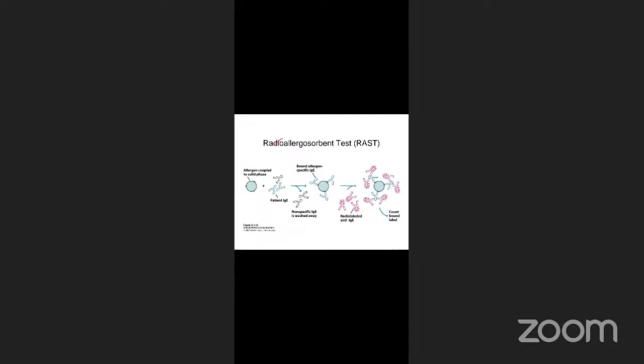For example, epinephrine is the drug of choice for systemic anaphylactic reaction. For a person suffering from systemic anaphylactic reaction, epinephrine acts as an excellent drug. What does it do? It relaxes smooth muscle.